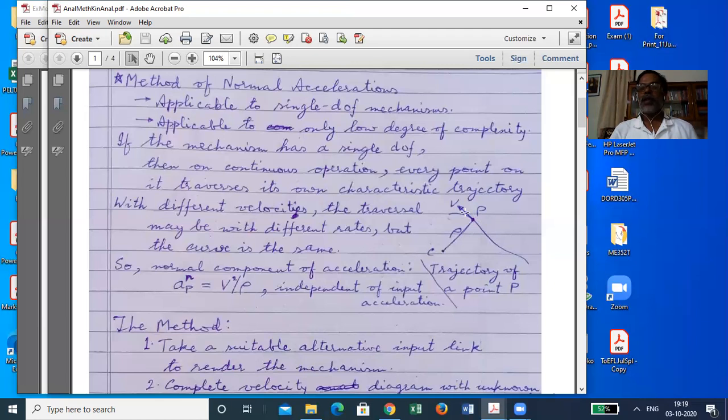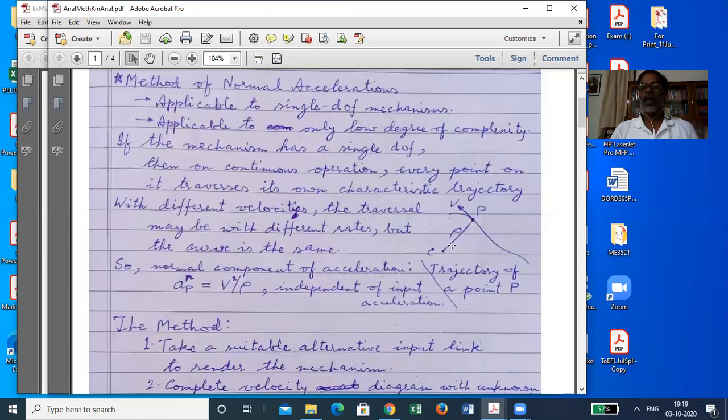So the velocity is tangential to this curve, okay, and the acceleration of this point now will have two components. One will be tangential and the other will be normal. That is tangential to its trajectory, tangential to its path, and normal to its path.